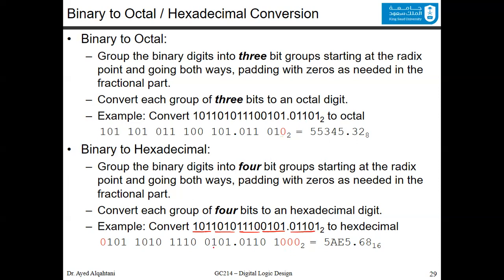You know that this is a 5. This one is E, this one is A, and this one is 5. Here we have 6, and we have 8. So that's the conversion from octal or hexadecimal on one hand to binary on the other hand, in both ways.